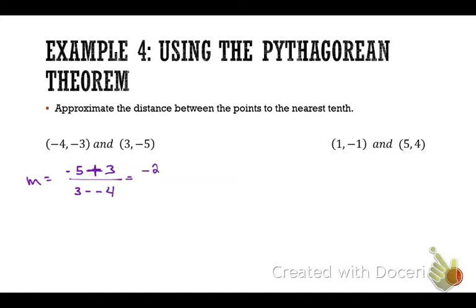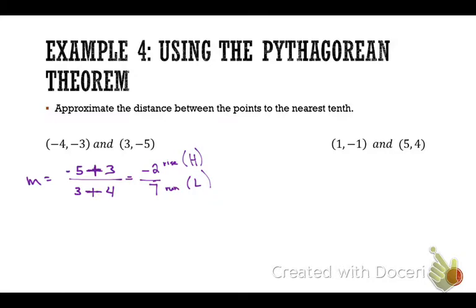And what's 3 minus negative 4? 7. Okay, so this is my rise or my height of my triangle. This is my run, my change in run, or the length of my triangle. Okay, so now height and length, that's my A and my B. I'm going to plug them into Pythagorean theorem.